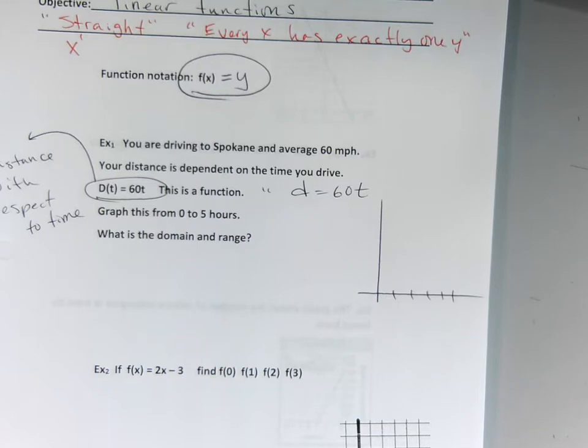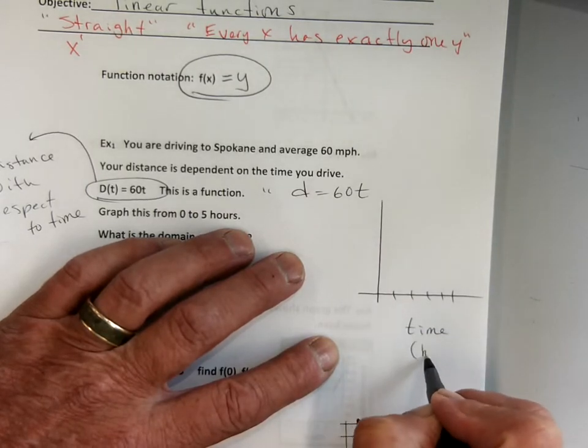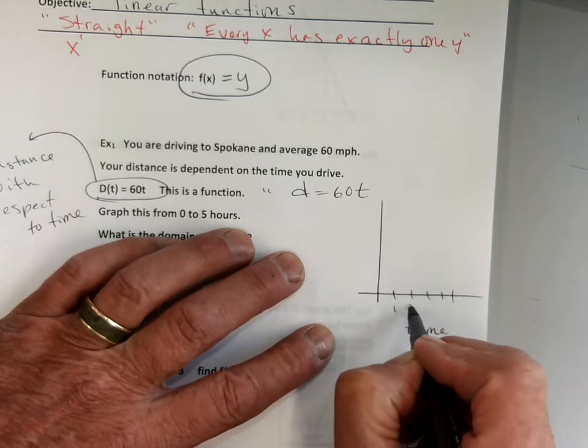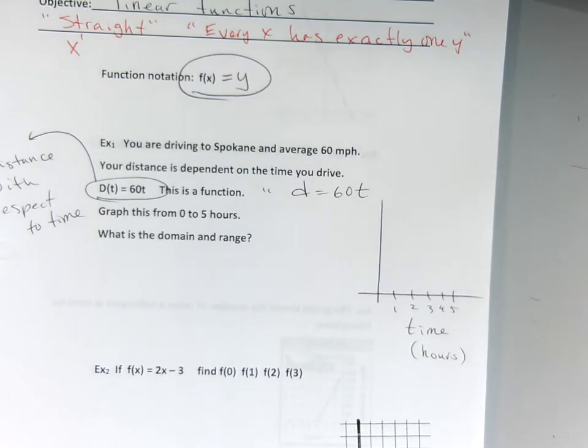So what's going to go on this axis is time. So I'm going to go time 1, 2, 3, 4, 5 in terms of hours. Okay. So my independent variable is time because I get to independently decide. So time, in terms of hours, 1 hour, 2, 3, 4, 5. My dependent variable is distance. If I drive for 1 hour, how far have I gone?